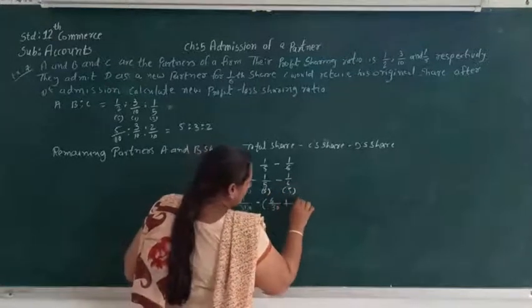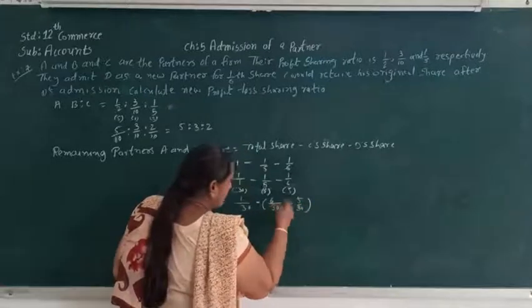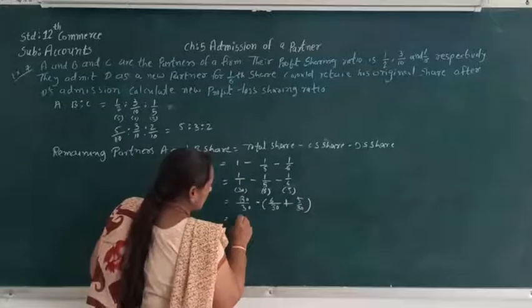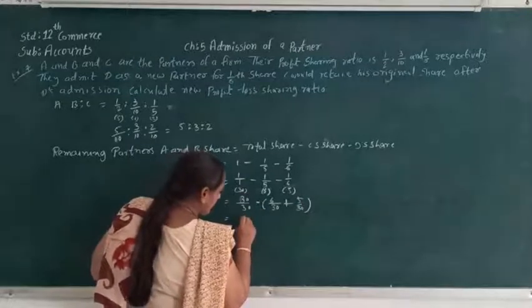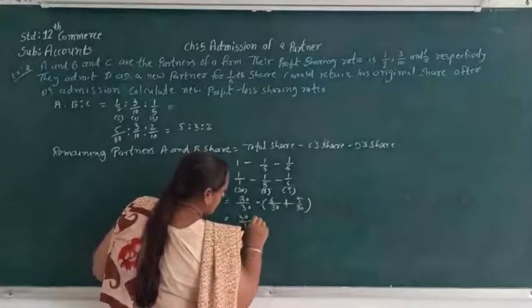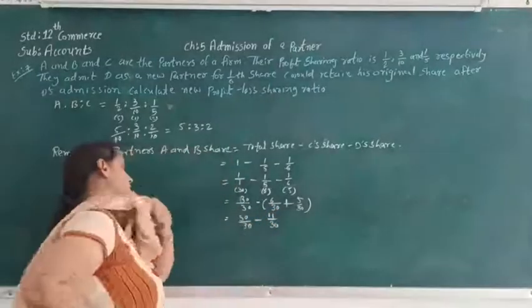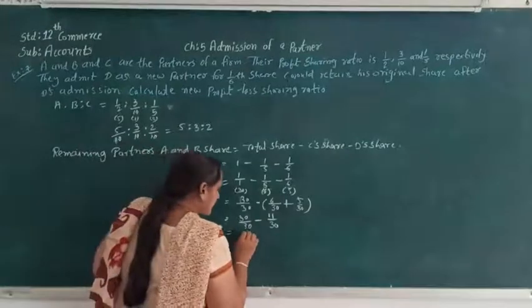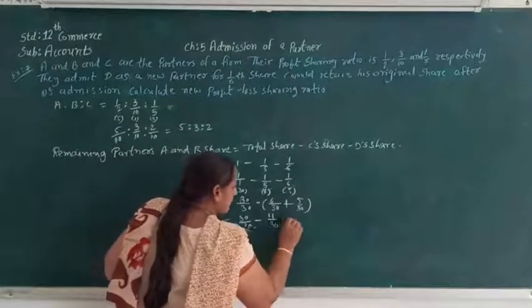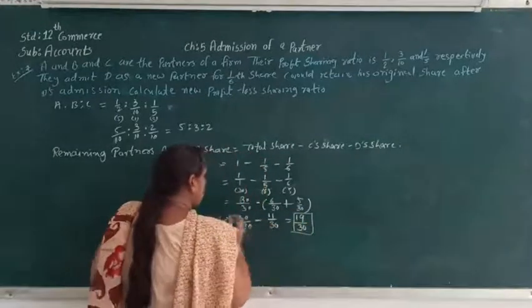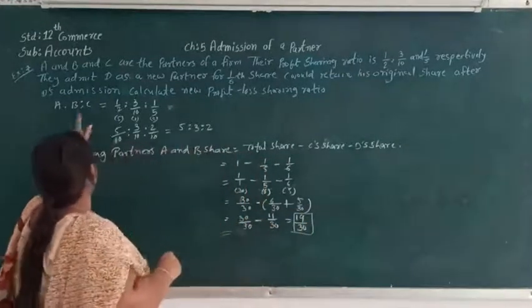Both of them together are 11, so 30 minus 11. So that will be 19 by 30. So this is the remaining share of both partners, that is A and B.